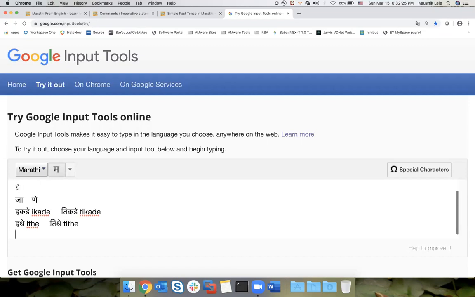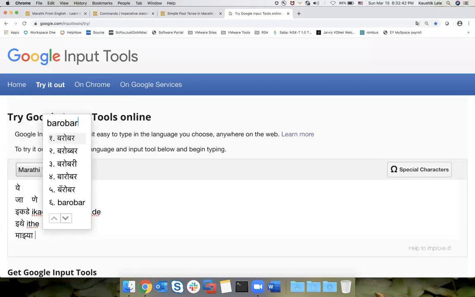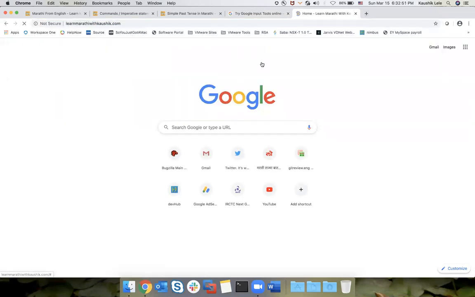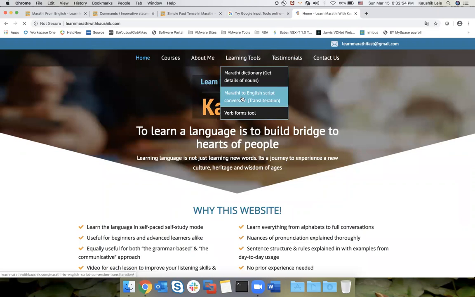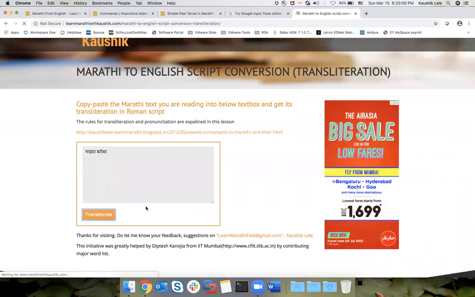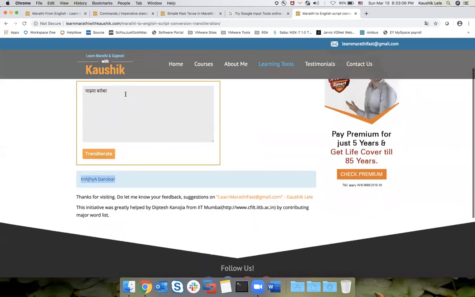Talk with me. How will you say talk with me? मला साठी बोल. No, it's not. माझ्यासाठी, it's not sathi. Sathi is for. बरोबर. माझ्या बरोबर बोल.